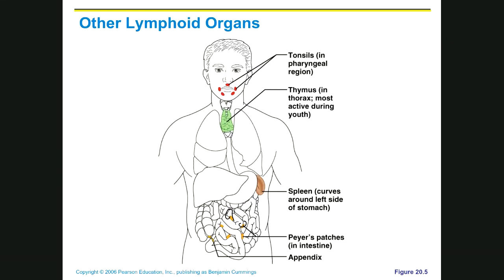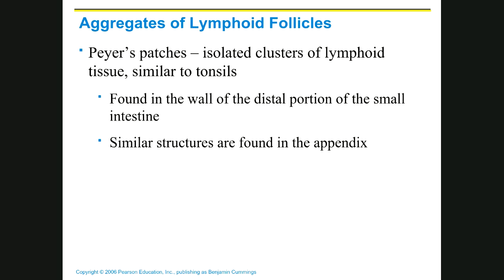They're mostly found in the last part of the small intestine called the ileum. So in the ileum, there are going to be bacteria. And so it's important to have something to fight off these bacteria. So again, these Peyer's patches, like tonsils, are sort of like outposts. And they can encounter and fight off these bacteria.